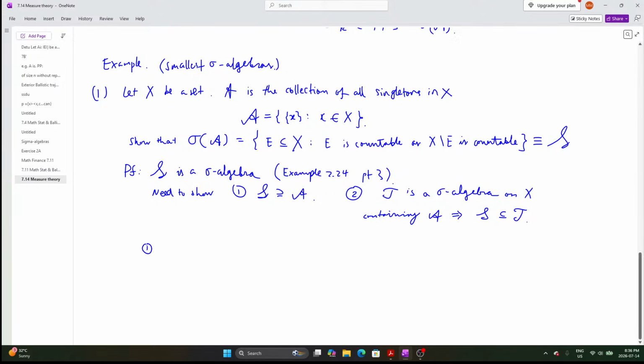Okay, so start with 1. Okay, let E belong to A. The simple element chasing argument. So let E belong to A. Then E is a singleton.